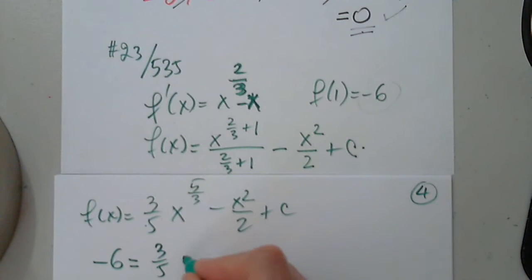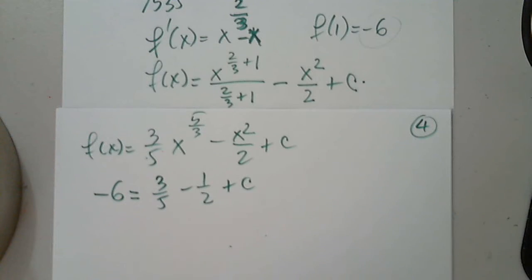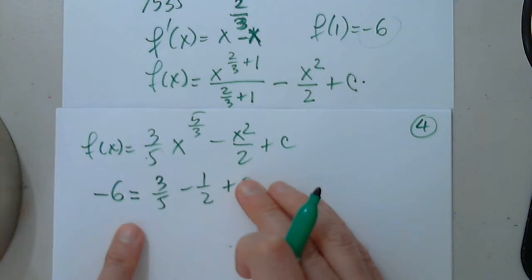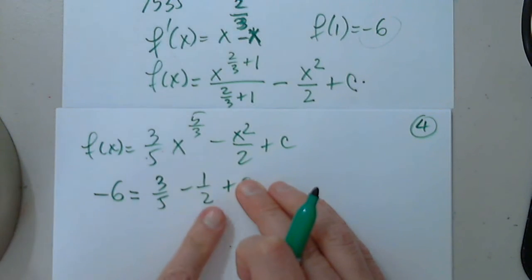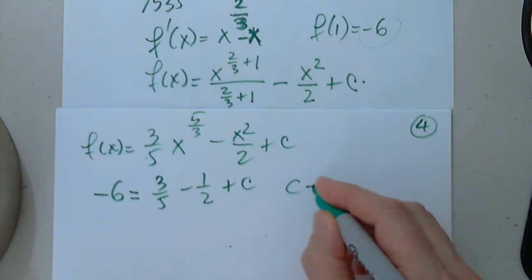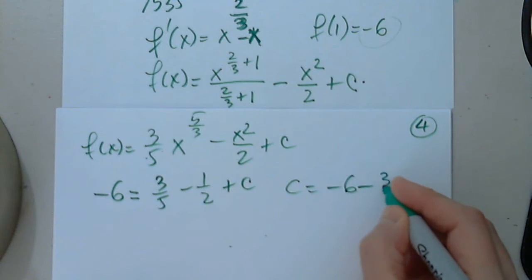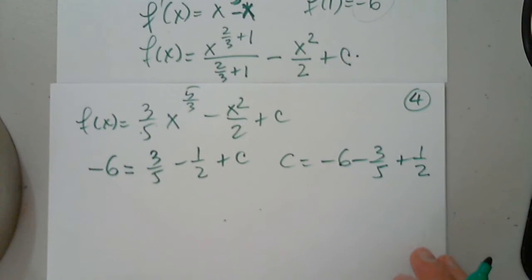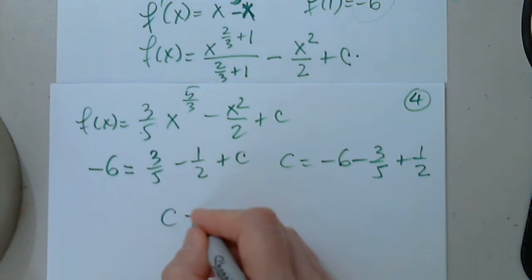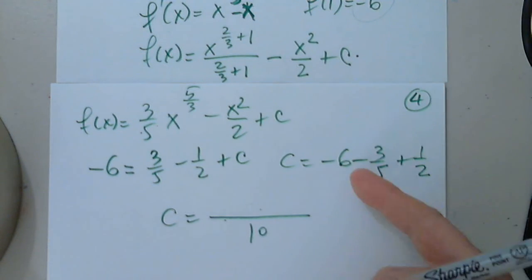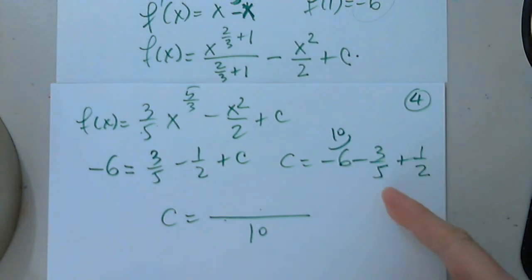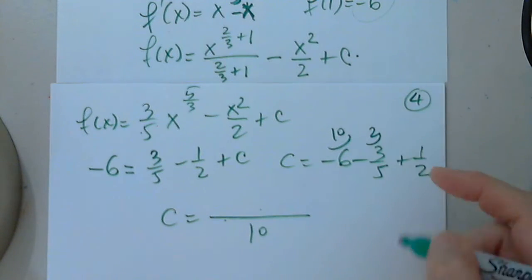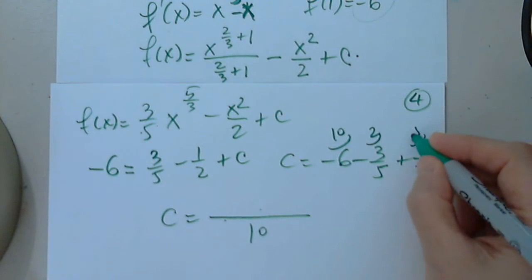So 3/5 minus 1/2 plus a constant c. To determine the constant, I will subtract 3/5 and add 1/2. So c will be -6 minus 3/5 plus 1/2. The least common denominator is 10. This one needs a 10, this one needs a 2, and this one needs a 5.